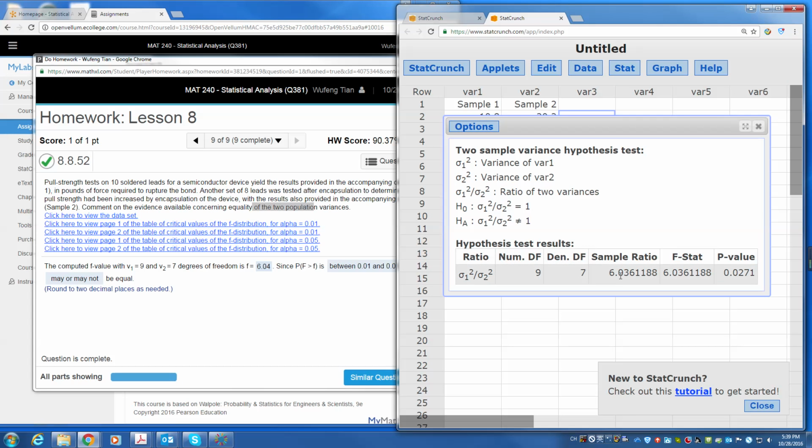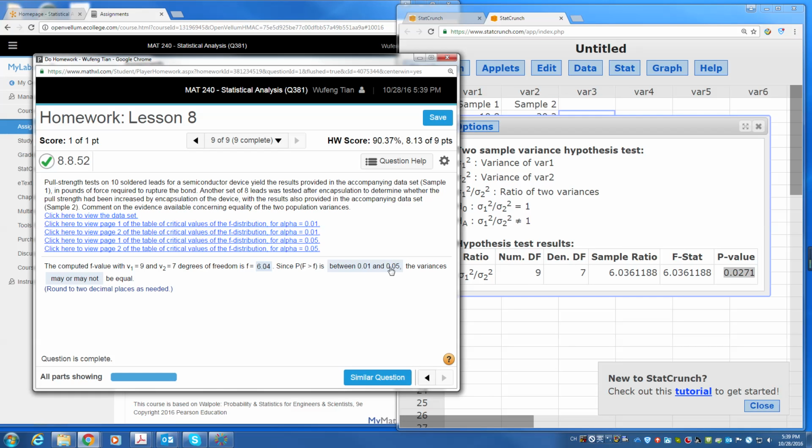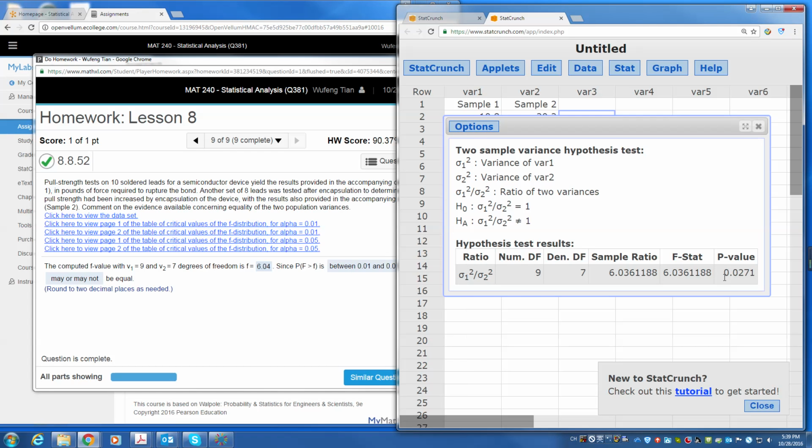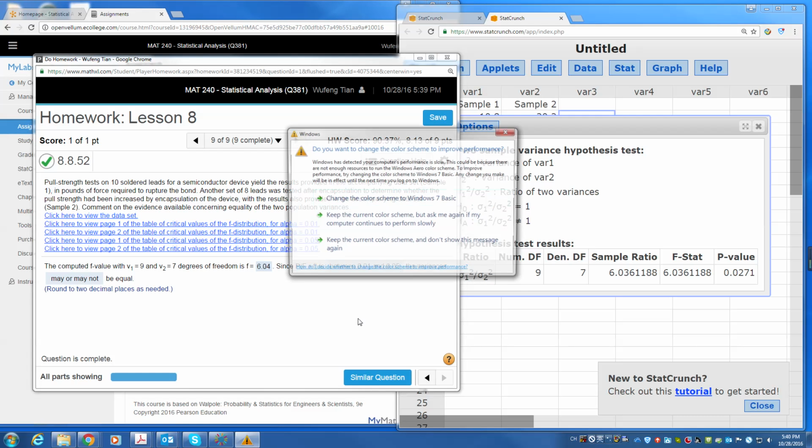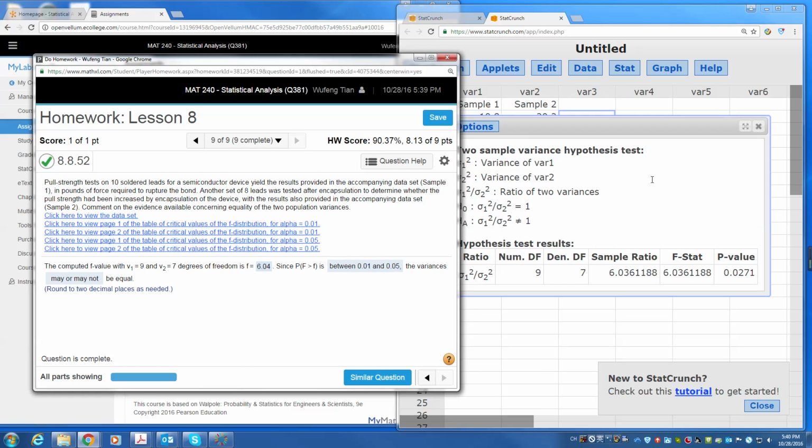Compute. I find the F value is 6.04, and the P value is 0.02, between 0.01 and 0.05. If it's less than 0.01, you reject it. If it's bigger than 0.05, you accept it. Now it's in between, so it may or may not be accepted. That's how you do this one.